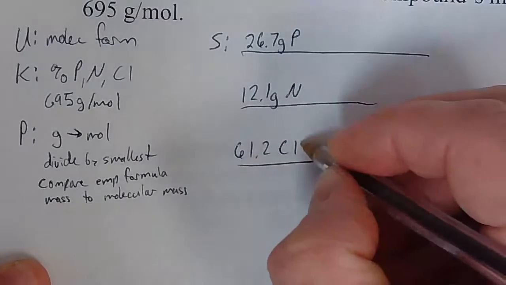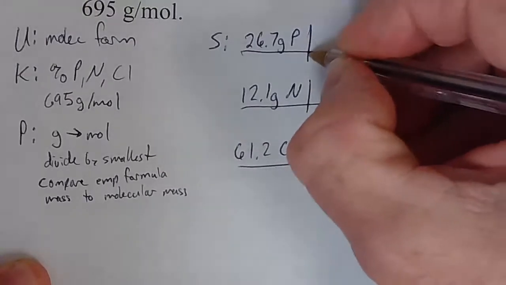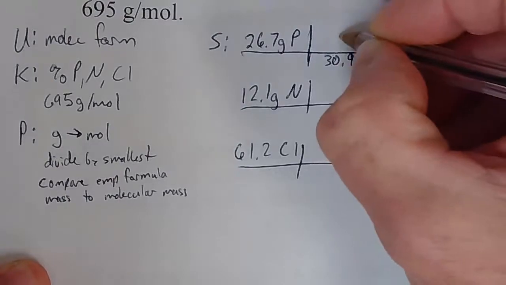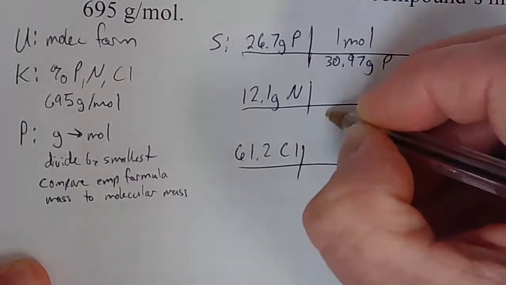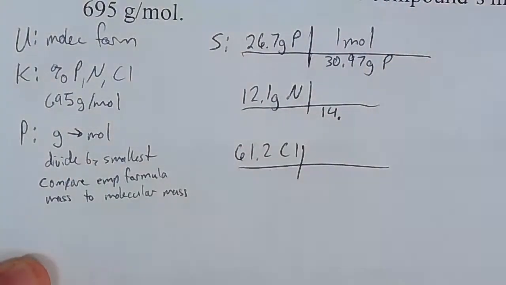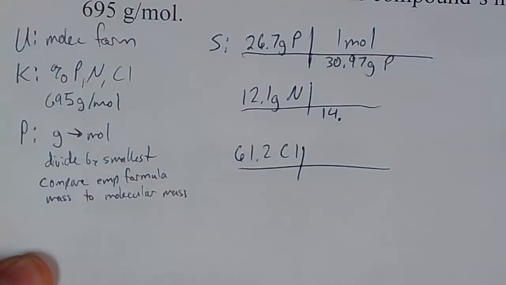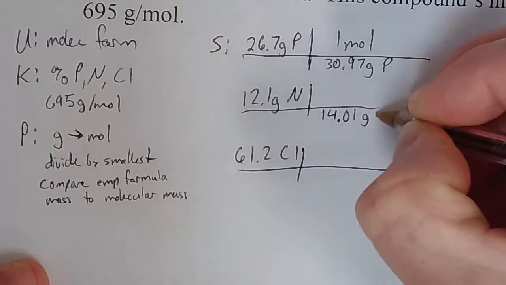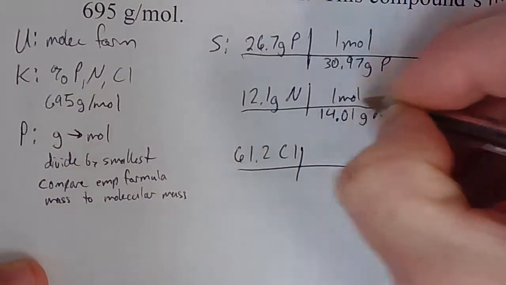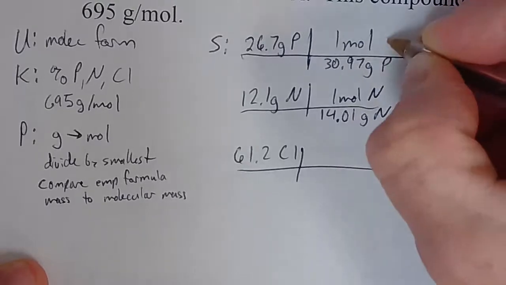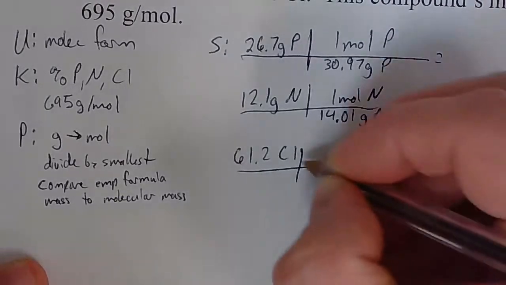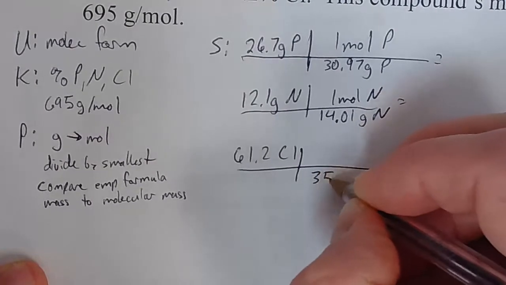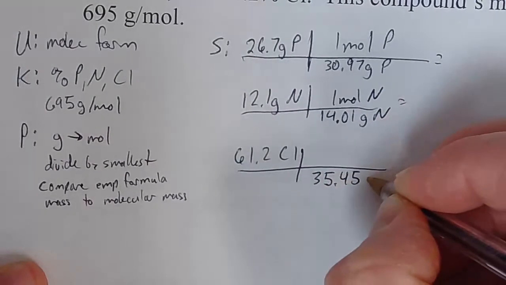I'm going to convert all of those to moles. 30.97 grams of phosphorus and 1 mole of phosphorus. 14 point something, 0.01. And then 35.45.